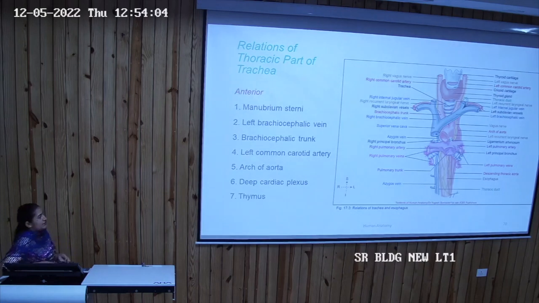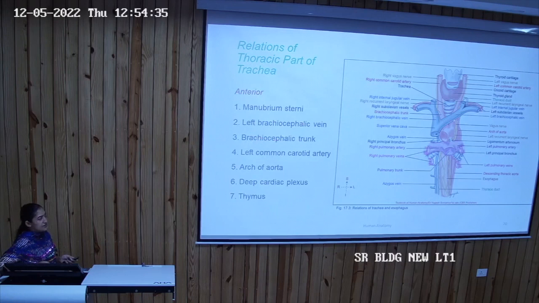Anteriorly, when you remove the manubrium sterni, you can see several vessels covering the trachea. Those form the anterior relation of the trachea. After the manubrium sterni you have the left brachiocephalic vein, covering the trachea.